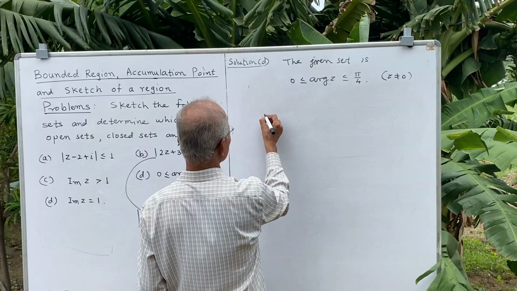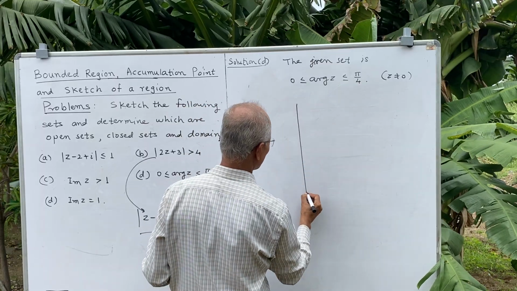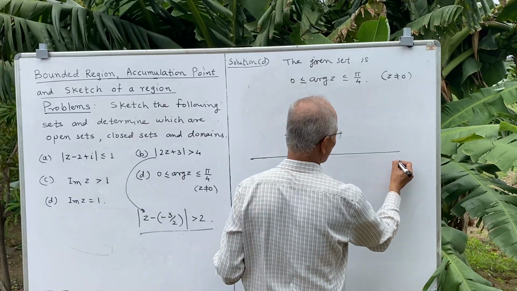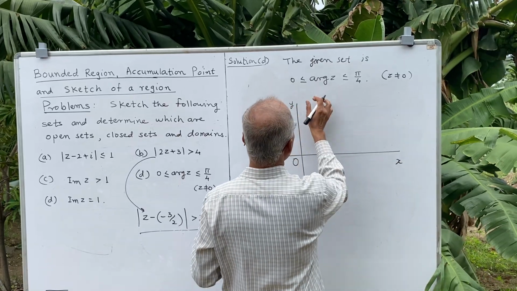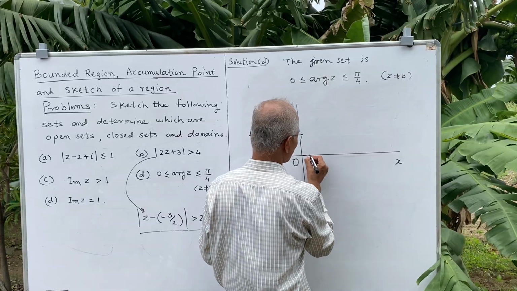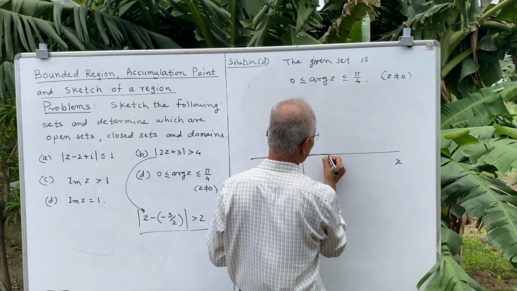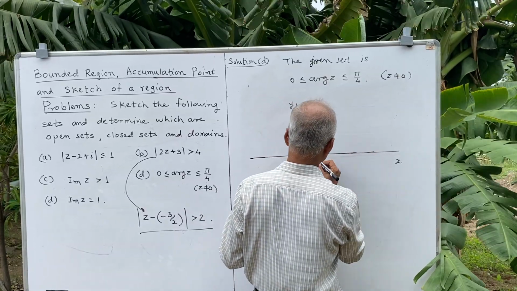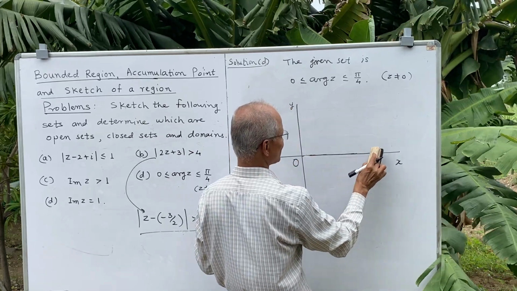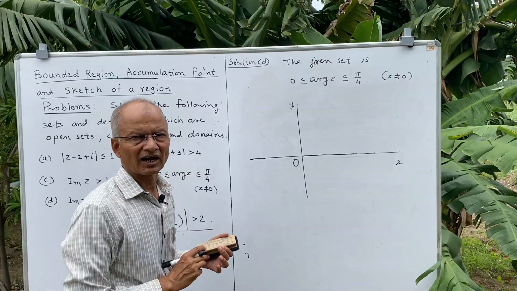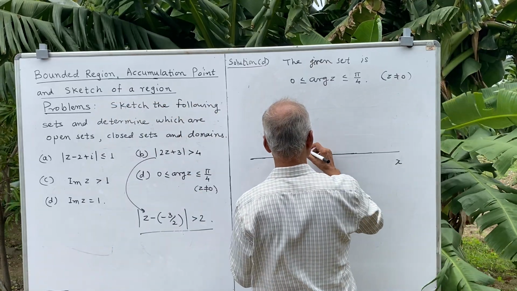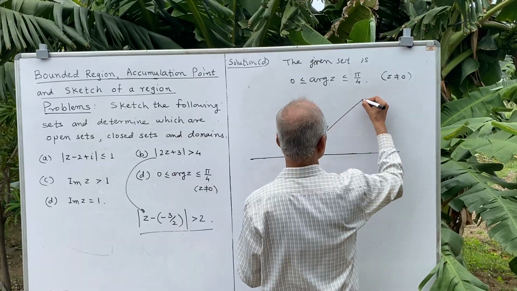That is, now see, this is x axis and y axis. Theta is equal to 0 will represent this x axis. Here the theta is 0, and we know the angle made by the vector z with the positive x axis is theta, and therefore theta is equal to 0 is this line, and theta is pi by 4 bisects the first quadrant.